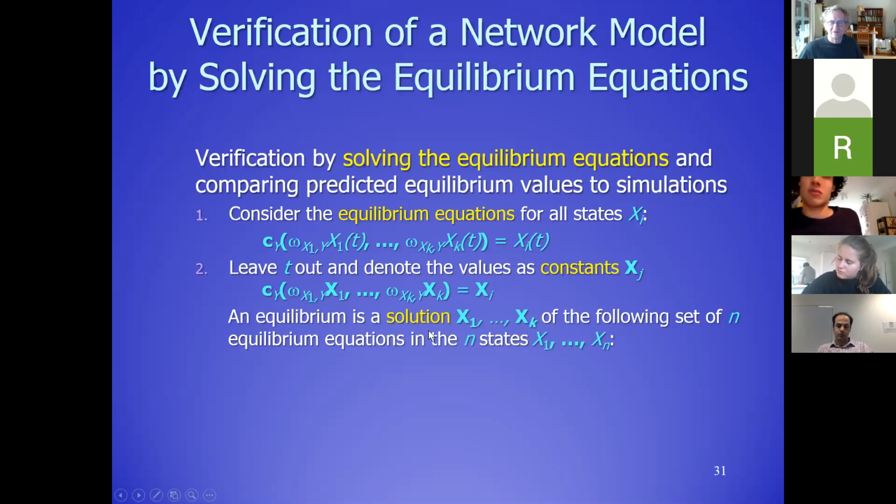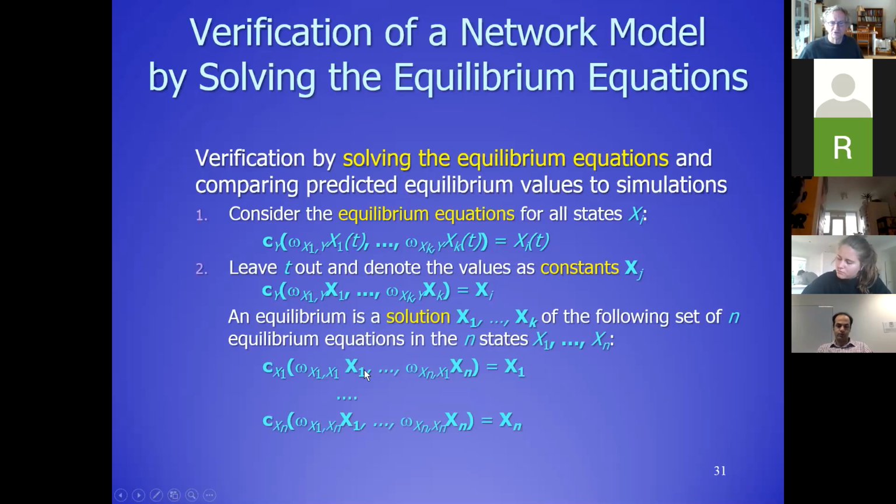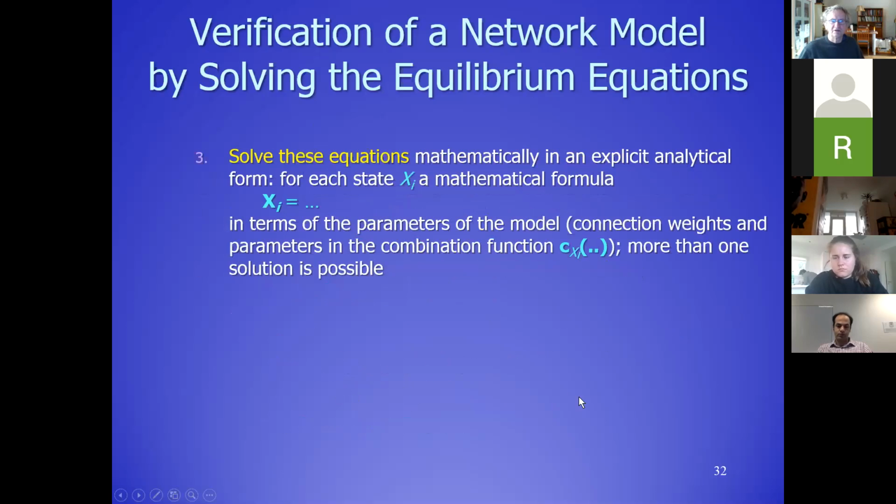So then equilibrium is a solution that fulfills all these equations, a solution of all these equations. And then after you have solved them, you have found values of all states in terms of, for example, connection weights or other parameters of your network, other characteristics.